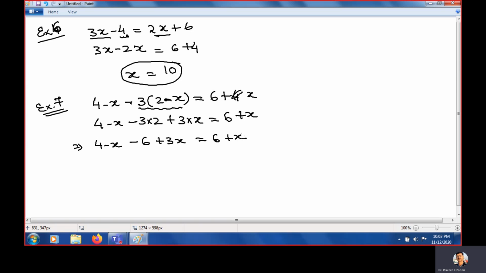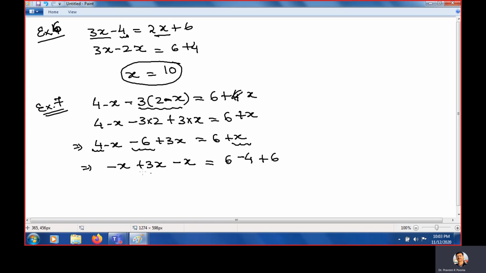Now we are clubbing together. Here, this implies minus x plus 3x, and shift this plus x here. It is minus x is equal to 6. Now shift this plus 4 into minus 4, and minus 6 will change into plus 6.